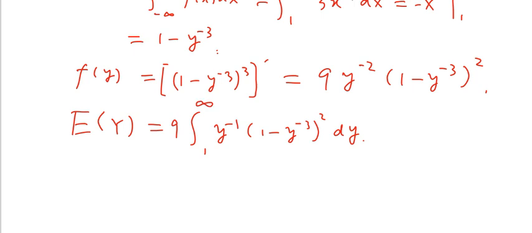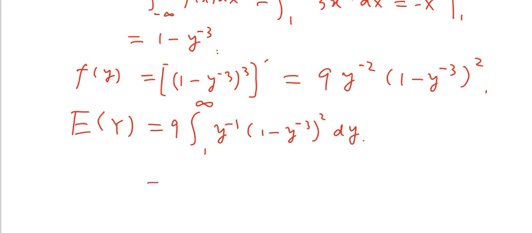Okay, so this becomes this integration problem. We want to find the integration. Here this is just a power function, so we can expand, right? We just use the square.